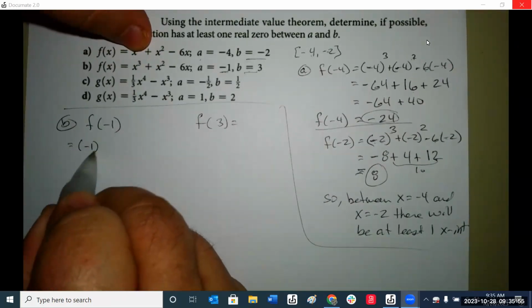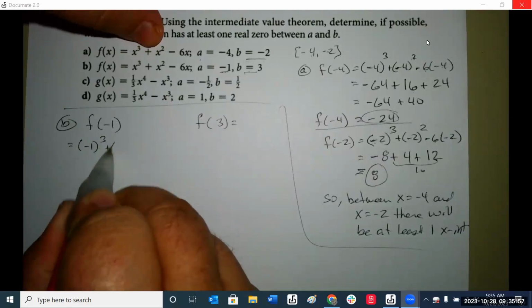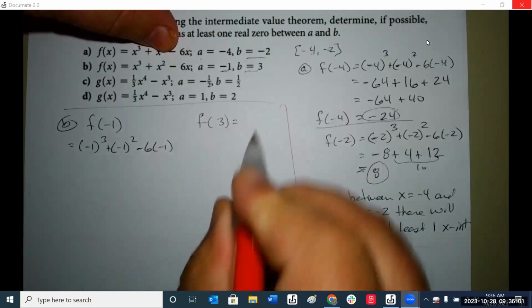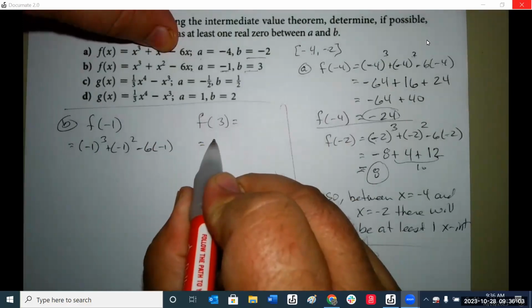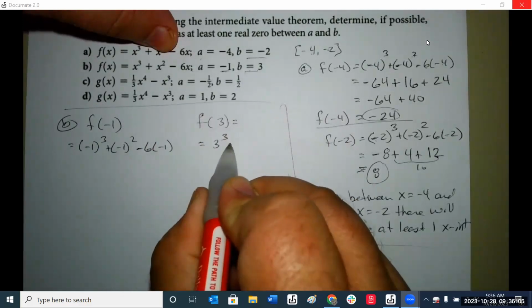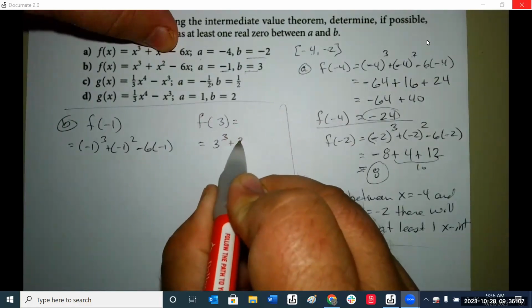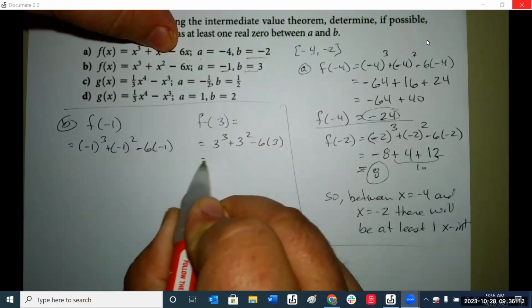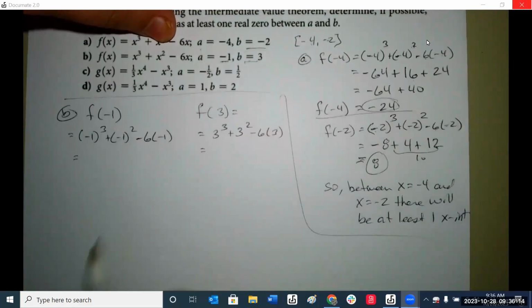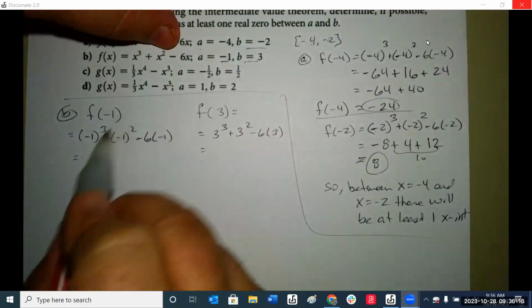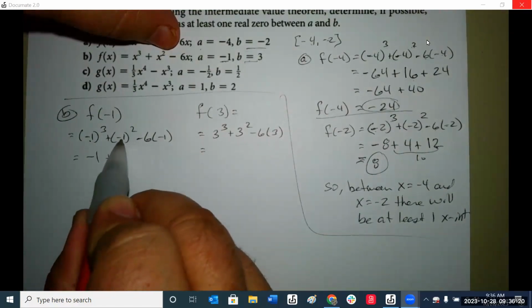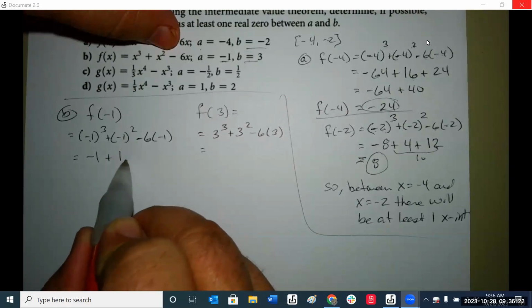So we have -1 cubed plus -1 squared minus 6 times -1. And 3 cubed plus 3 squared minus 6 times 3. -1 cubed is -1. -1 squared is 1.